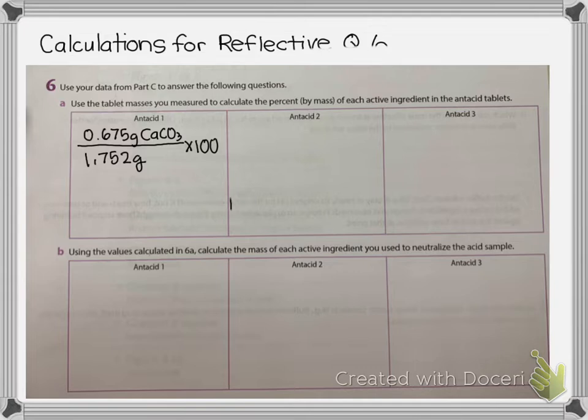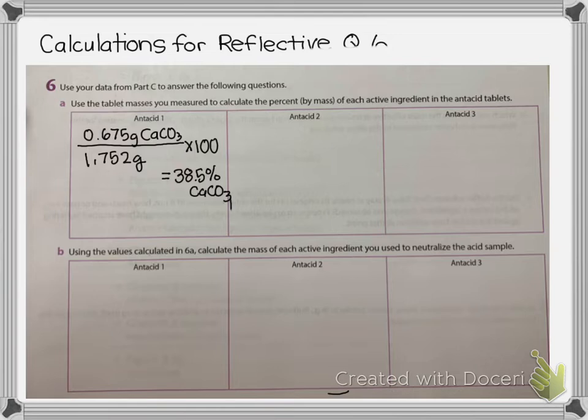So it would be 0.675 divided by 1.752 times 100. And I get, to three significant figures, 38.5% calcium carbonate. Okay, that would be the first part.